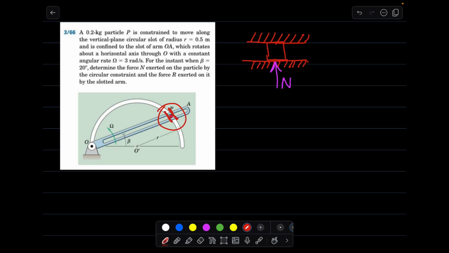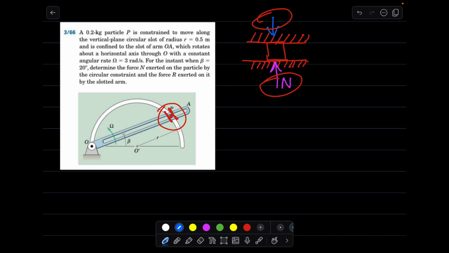You can make two normal forces, but we have to choose only one. The normal force may be working from this side or from this side, so in this situation we choose only one normal force in any direction.